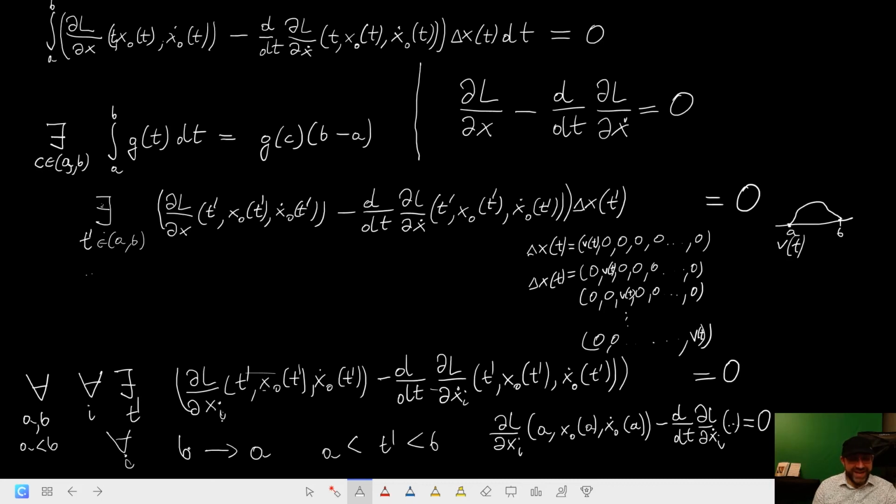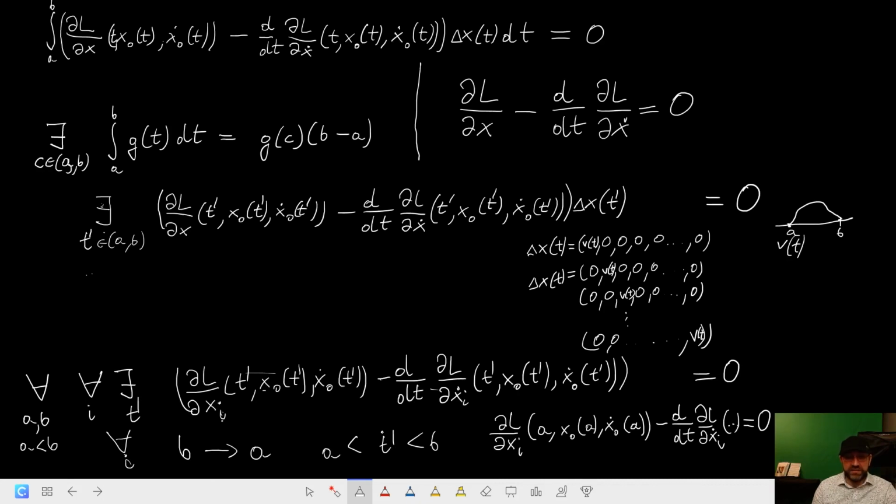we requested B converges to A, and then obviously again for all this kind of B we had this t prime according to the previous reasoning.